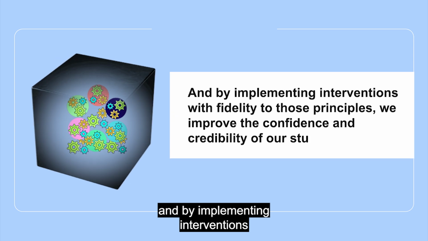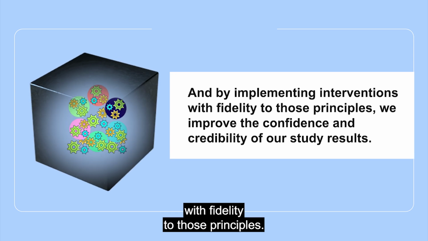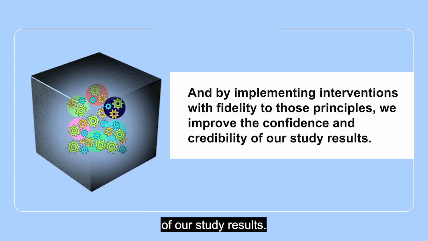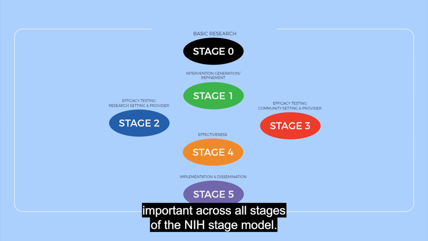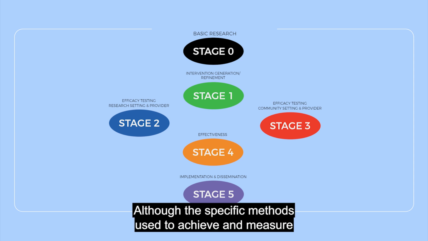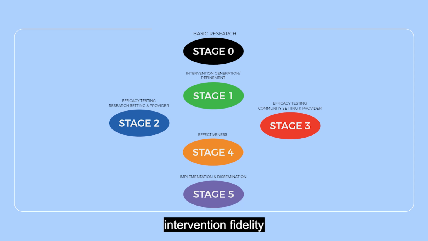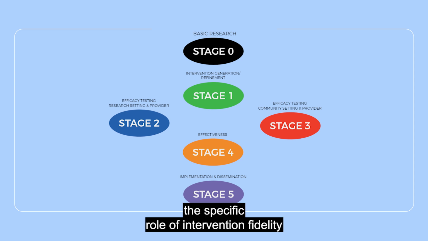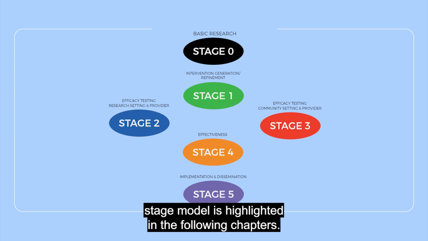And by implementing interventions with fidelity to those principles, we improve the confidence and credibility of our study results. That's what makes intervention fidelity important across all stages of the NIH Stage Model, although the specific methods used to achieve and measure intervention fidelity vary depending on the research questions posed at each stage. The specific role of intervention fidelity in each stage of the NIH Stage Model is highlighted in the following chapters.